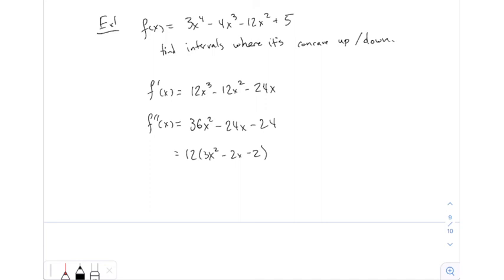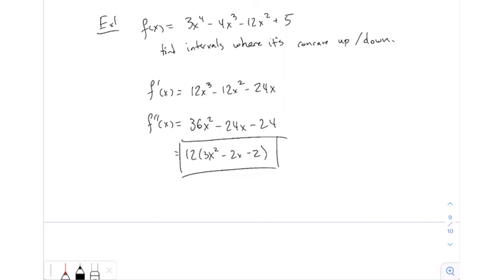Well, what do we do in that case? If it doesn't factor, I still expect to get 2 values for x. The best you can do is use the quadratic formula, which usually we don't like to do, but in this case, it's the only way we're going to do this. So this is the simplest form of the second derivative. It doesn't factor anymore.